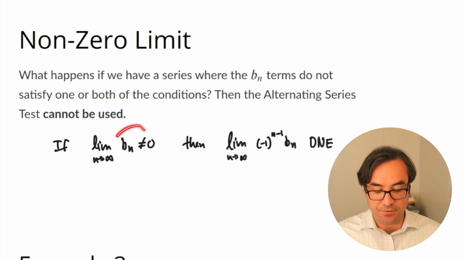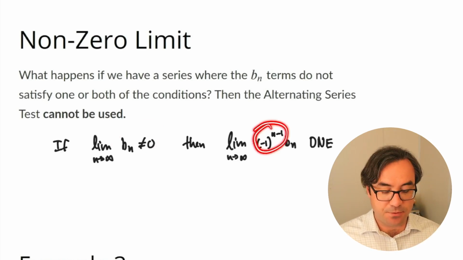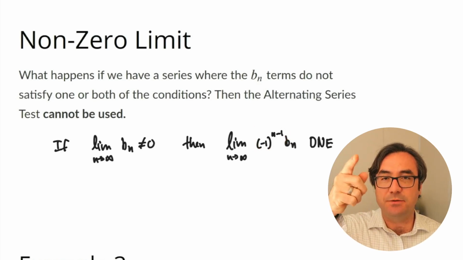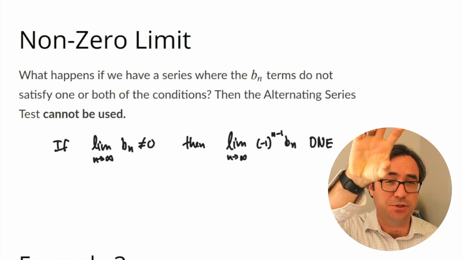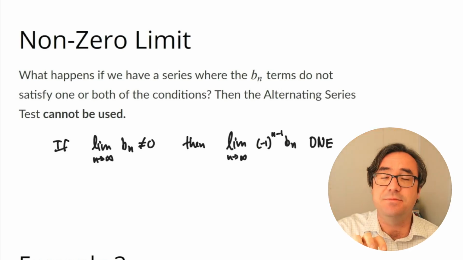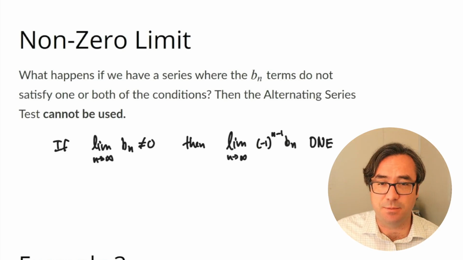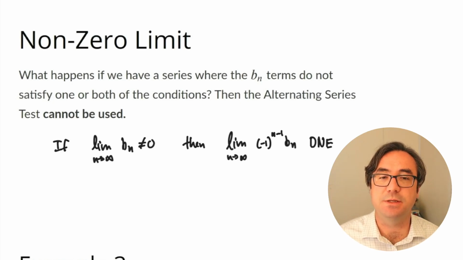So if the limit of Bn is equal to some number, well then by throwing that power of -1 in, we're going to be bouncing back and forth between values that are getting close to the positive version of that number, and then terms of our sequence getting close to the negative value of that number. So we're bouncing back and forth between two different values. And so the limit does not exist.